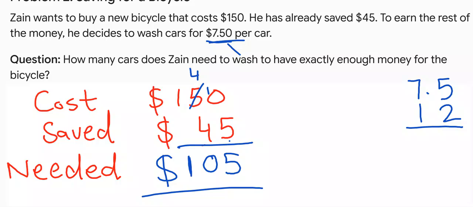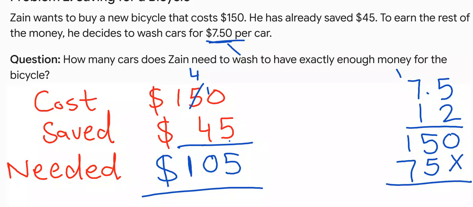Okay, 2 5s are 10, 2 7s are 14, and 1 makes 15. Then put the multiplication sign, or you can put 0 as well. 1 5 is 5, 1 7 is 7.